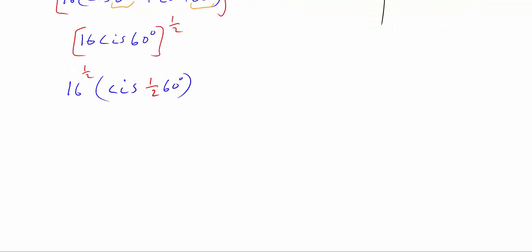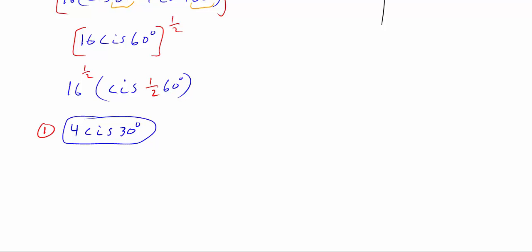So if we take 16 to the 1/2, that means we're taking the square root of 16, so that's simply going to be 4, and then we would have CIS 1/2 of 60 would just be 30 degrees. So when we do that, this here is going to represent our first root.